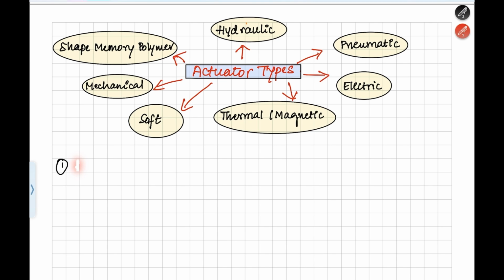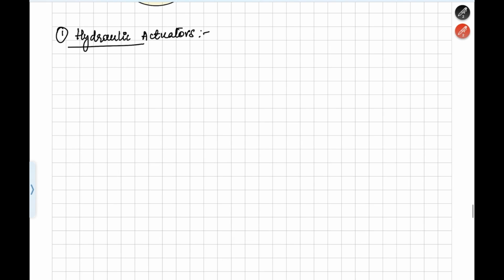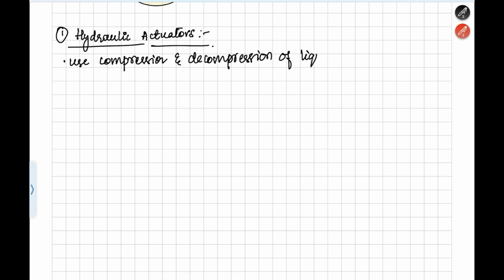First one we have is hydraulic actuators. Hydraulic actuators use compression and decompression of liquids.